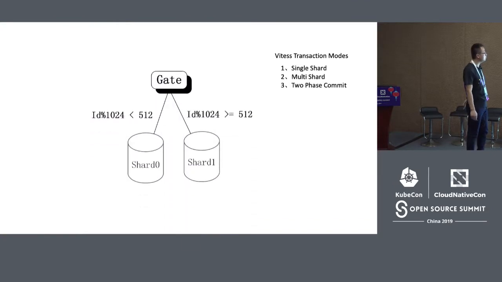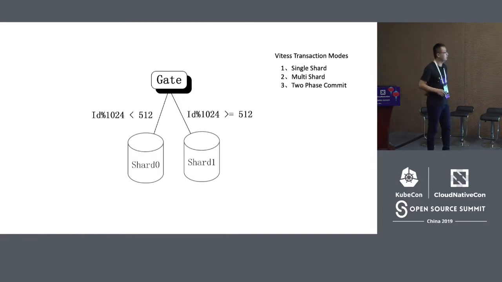And here is another topic, Vitess transactions. We have two-phase commit. I will first focus on multi-shard. It's a very simple example here.